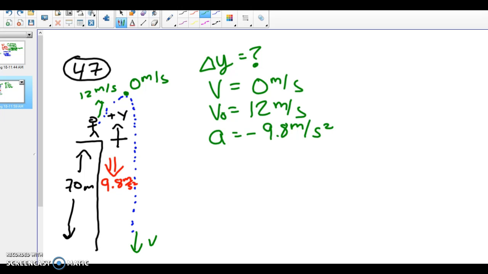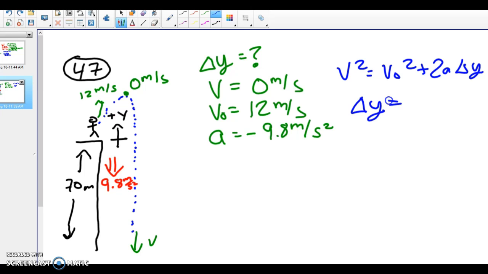I think this is a job for the equation with no time. Delta y equals v squared minus v naught squared divided by 2a. So you plug that in, and I think you're going to end up getting 7.3 meters.